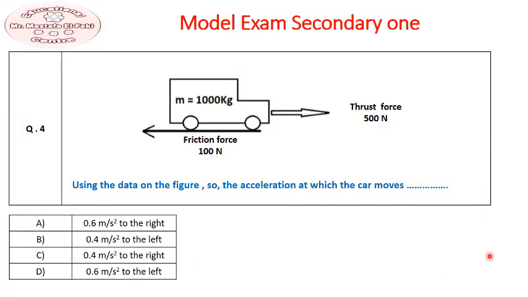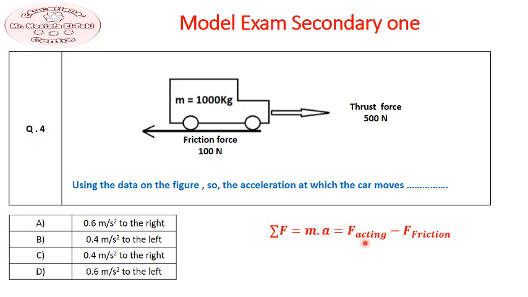Question 4. Using the data on the figure, show the acceleration at which the car moves. The car is acted on by a thrust force, or the force of the motor, of 500 Newton, and the friction force of the wheels with the road is 100 Newton. Then, since sigma F, or the resultant force, or the net force, equals mass times acceleration, that is equal to F acting minus F friction.